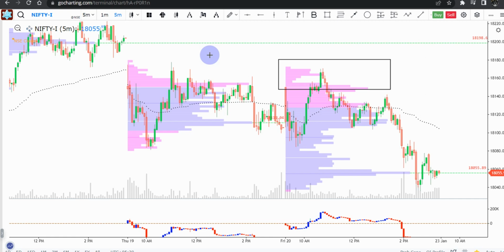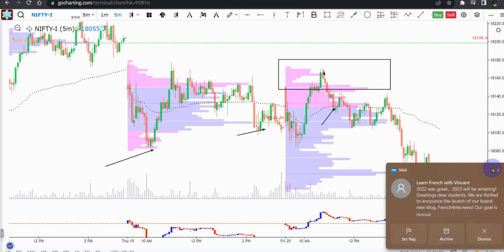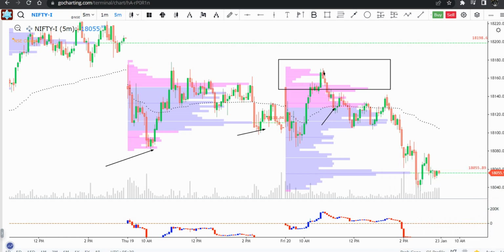The other outcome if this fails is we can see the market test this low on the very same day. What happens eventually is it breaks the low, but that is not what our target is. So the first thing we can expect when this fails is a test of the VWAP, followed by a test of this low, and maybe this low first, and so on. We will see what happens and get into the footprint chart thereafter.